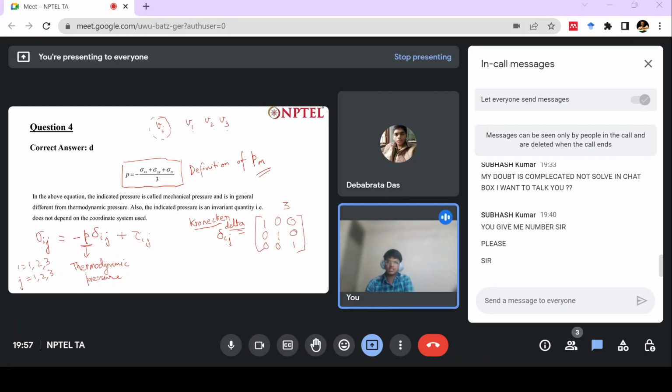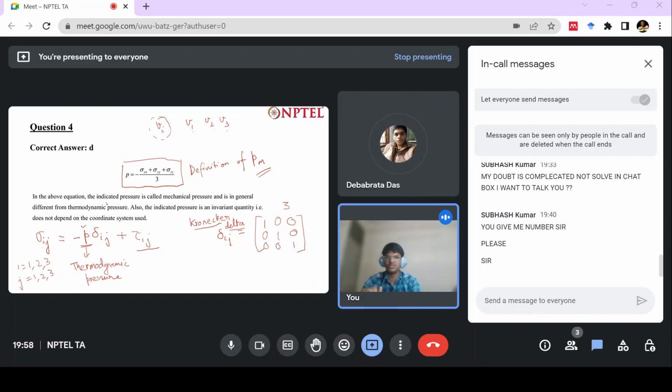This P is the thermodynamic pressure, and this tau ij is another component of stress which is different from the thermodynamic pressure. What does the thermodynamic pressure do? It has a relation with the temperature and specific volume, so it has a relation with the state of the matter and the physical state equations.